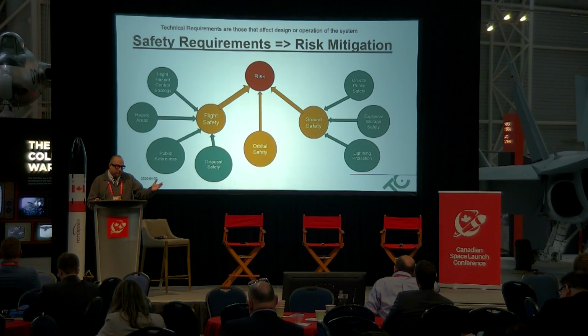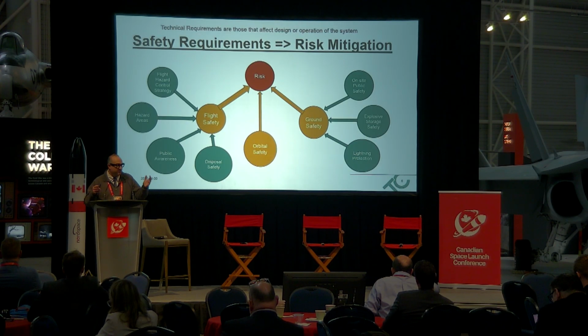And a critical piece, most of the requirements are actually on the flight safety part. So things like flight hazard control strategies and public awareness, disposal safety actually feeds into that one, and hazard areas. And there's other parts. So this is just an example of these 3 groupings, and all the safety requirements are trying to mitigate these 3 risks.